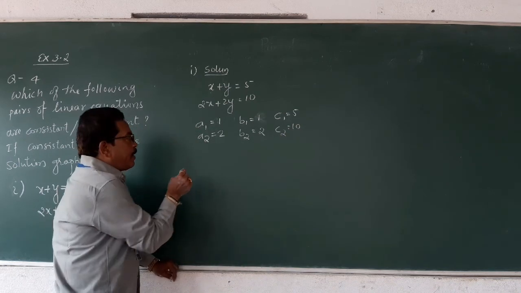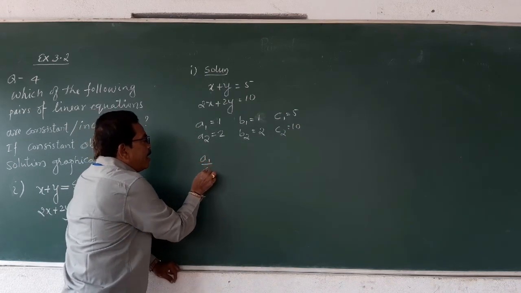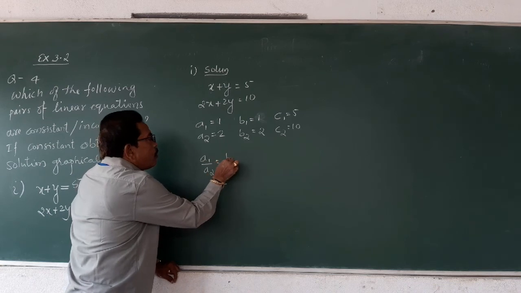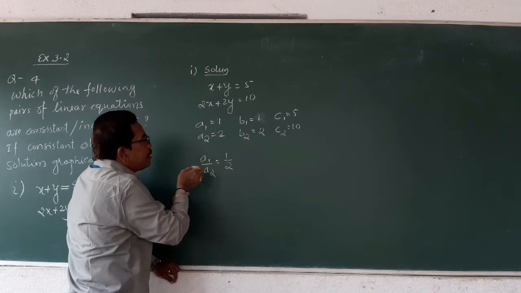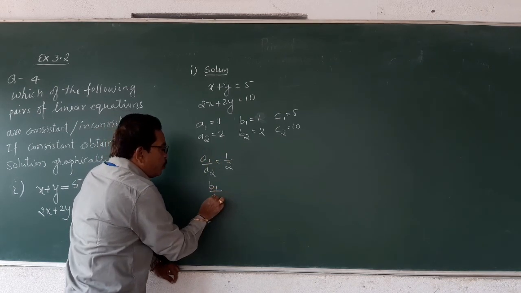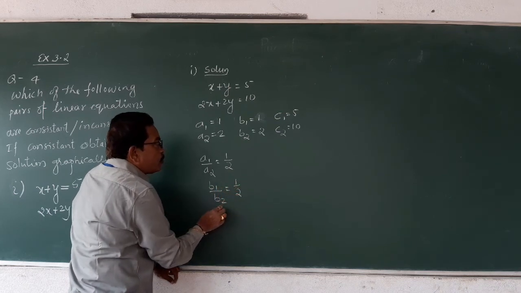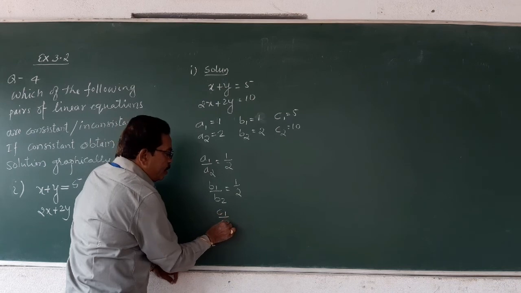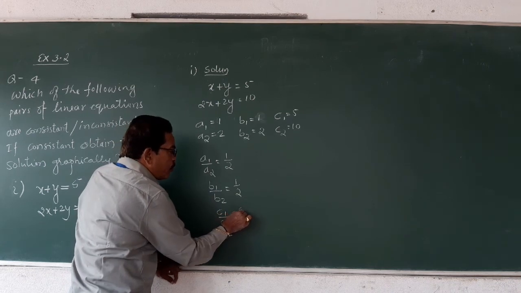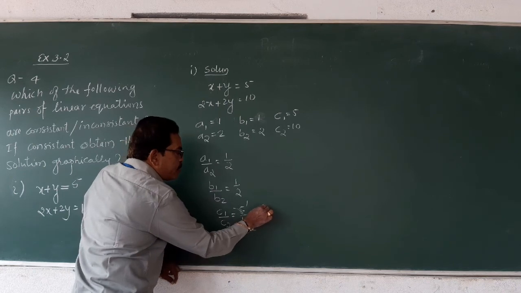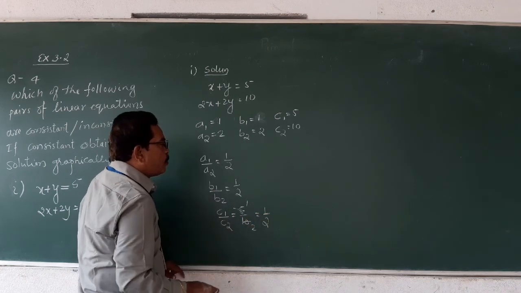Okay, let us verify. a1 by a2 is 1 by 2. Then b1 by b2 equals 1 by 2. c1 by c2 equals 5 by 10, and 5 ones are 5, 5 twos are 10, so that equals 1 by 2.